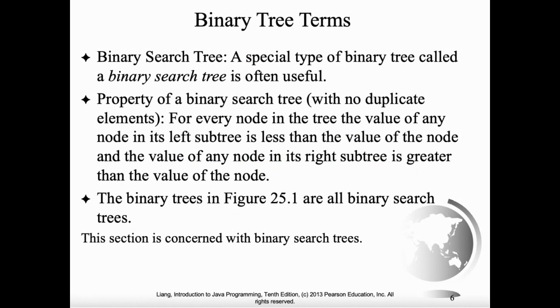So as you remember, there are two main properties we need to maintain in order to consider a tree a binary search tree. The first one is having no duplication, and the second one, which is the most important one, is that for any node inside the tree we want to make sure the values on the left side of the node are smaller or less than the value of the node itself, and the values on the right side of the node are greater.